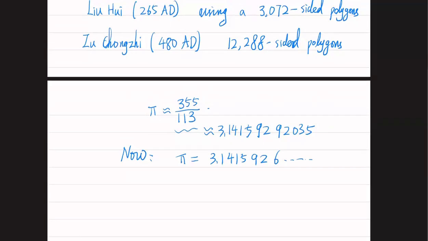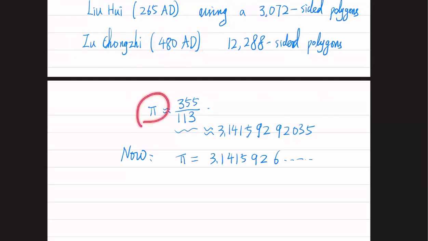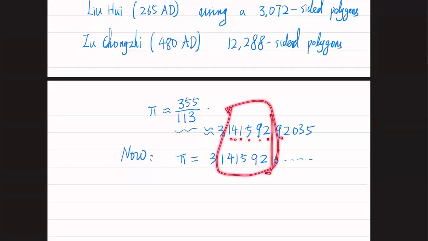Okay. You can see almost 2000 years ago from now, he can find this pi up to 2, 3, 4, 5, 6. The first 6 decimal places are accurate.